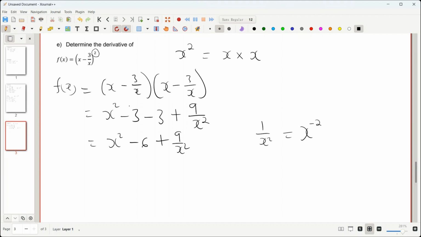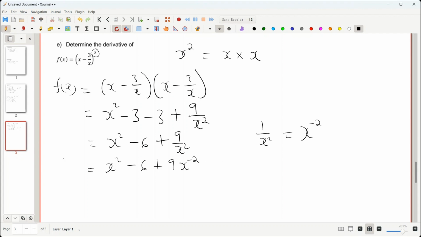So we apply that rule here before we do any differentiation. So it will be x squared minus 6 plus 9x to the power negative 2, right? Okay, so it's very important for you to note that.